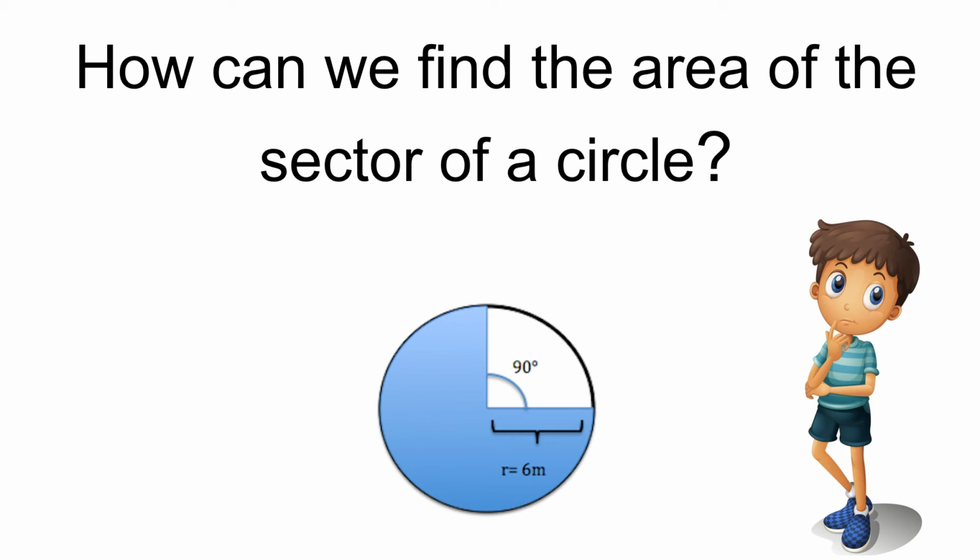Now, can you tell me when simplified what 90 degrees divided by 360 degrees gives you? Yes, that's right. It is indeed a quarter, which means we could have used a quarter multiplied by the area of the circle, or 90 degrees divided by 360 degrees multiplied by pi r squared. You are all correct.